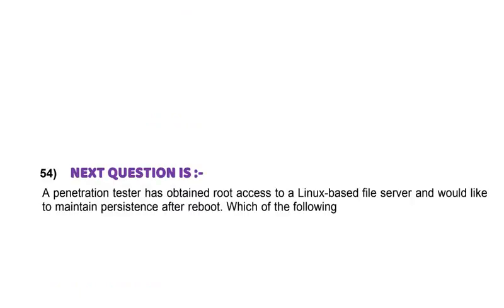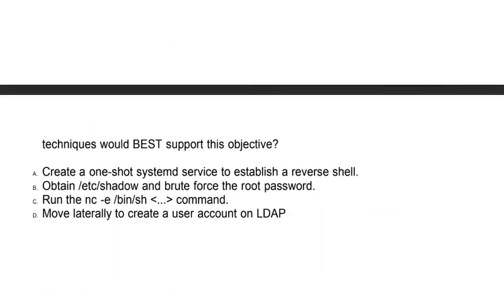Question is, a penetration tester has obtained root access to a Linux-based file server and would like to maintain persistence after reboot. Which of the following techniques would best support this objective? Option A, create a one-shot system D service to establish a reverse shell.